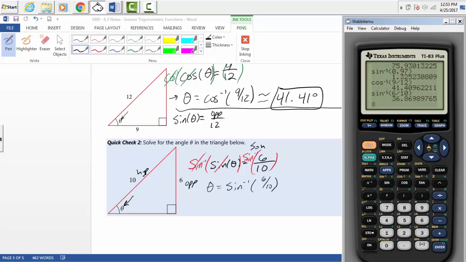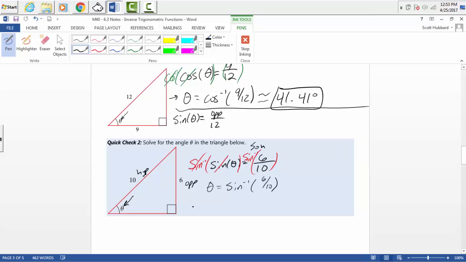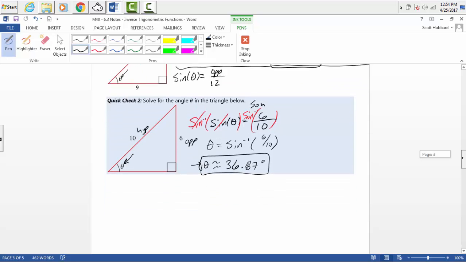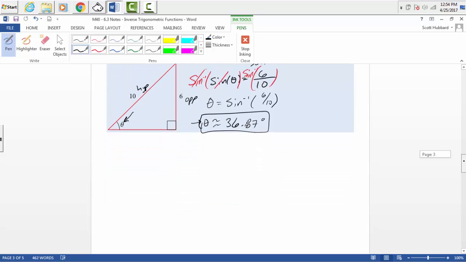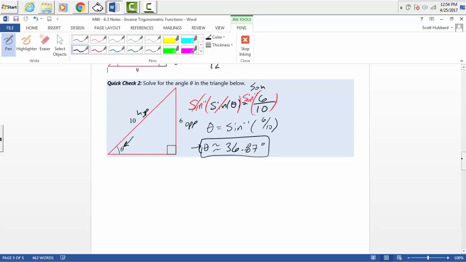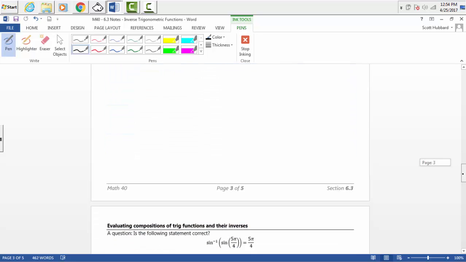Like that. 36.87. Okay? So that's how big that angle is. Now again, we couldn't do cosine here because we didn't have adjacent. But we could do Pythagorean theorem and find it, and we're going to get the same answer.